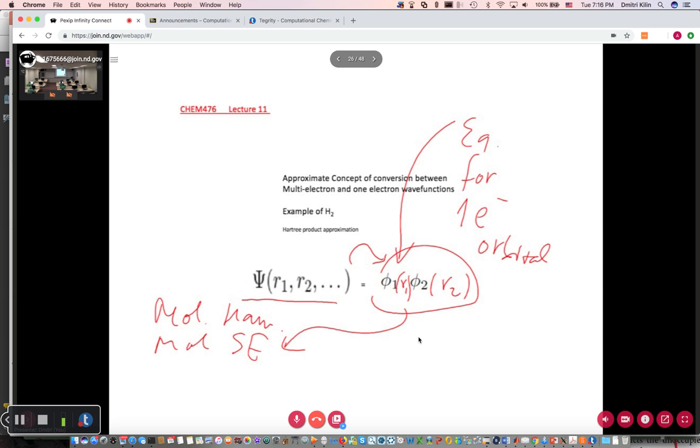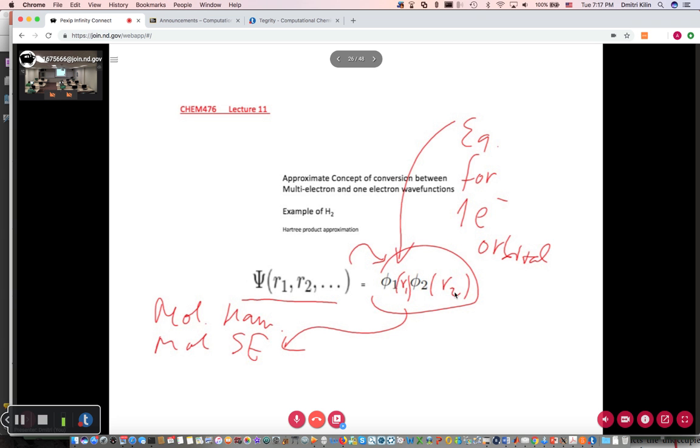So you all already know that the multi-electron wave function that depends on the Cartesian positions of the first, second, and so forth electrons is a Slater determinant. Today, just as a little simplification to finish in time, we will use the Hartree product, just a product of wave function 1 for electron 1, wave function 2 for electron 2.